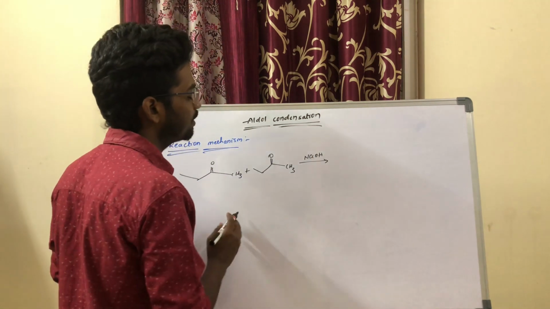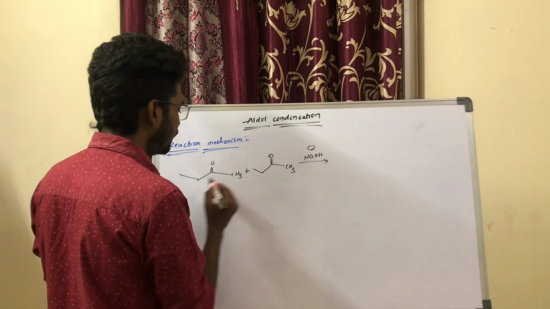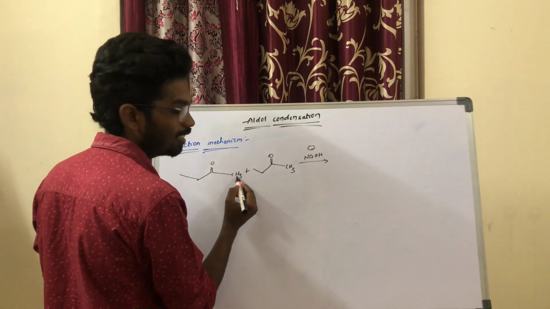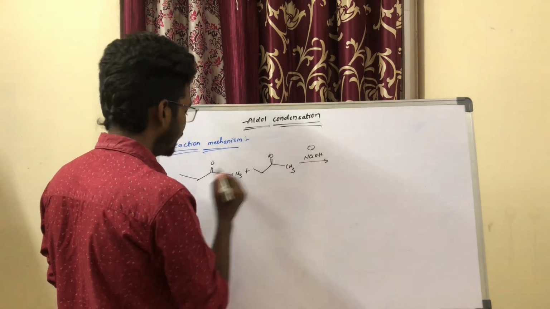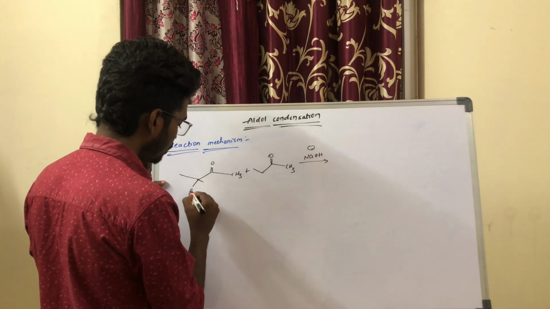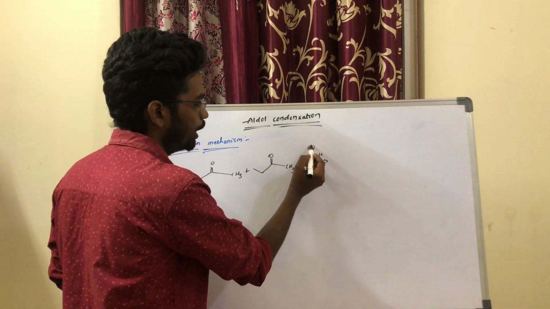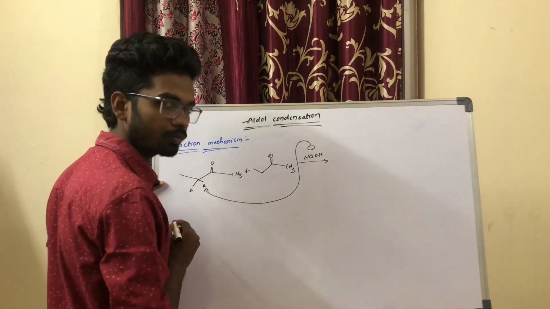So sodium based, right? Sodium is nothing but a base, it will take the proton here. This is the more substituted side, this is the less substituted side, so you will get the thermodynamic product. So it will take the proton. Here we have a hydrogen, right? See carefully, this negative charge will take the proton from here.